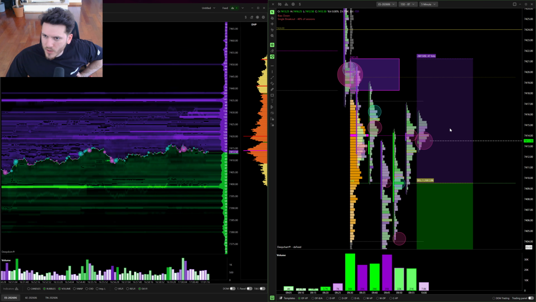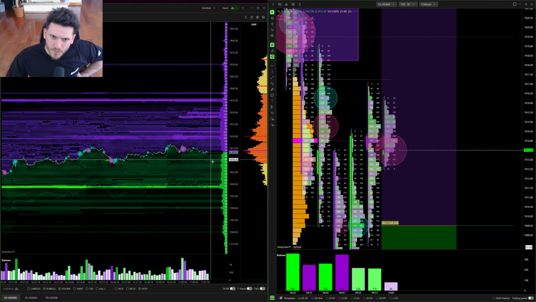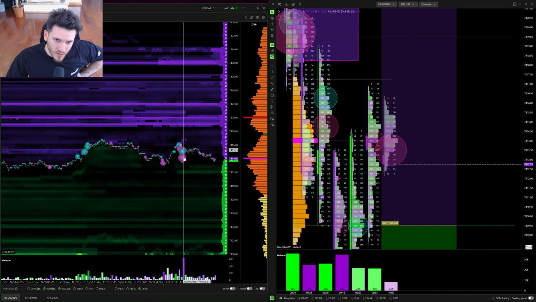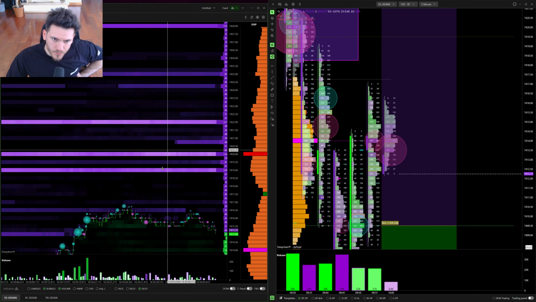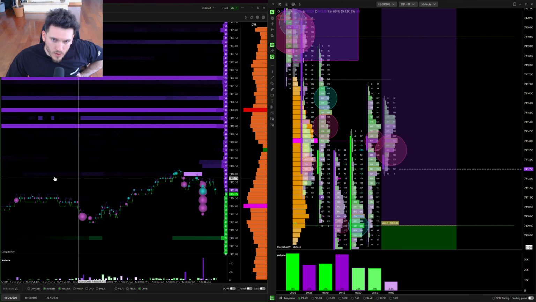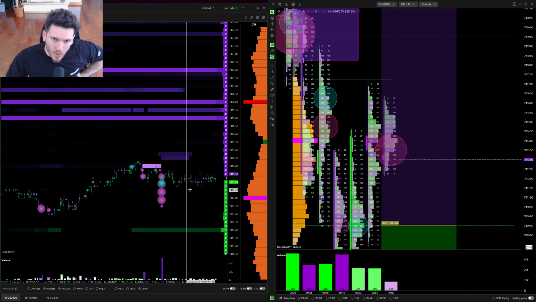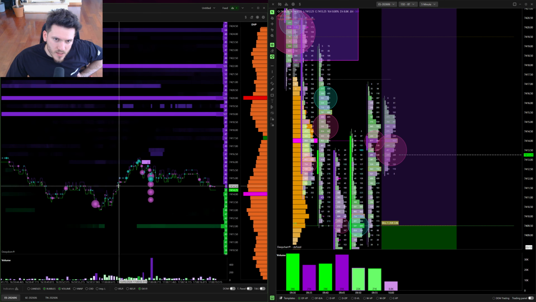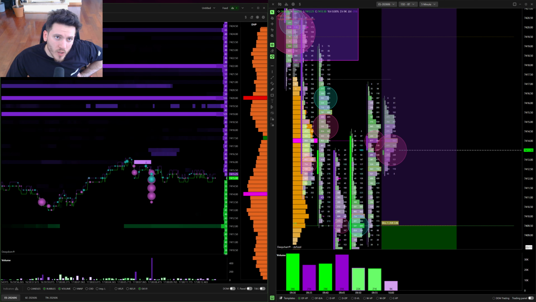Oh, we got more sellers joining the party. Look at this bubble over here. We got some aggression now. And a reload. Look at this. Big reload, big sell market. As soon as this was deleted, let's see how much was that liquidity, by the way. We can use the tooltip over here.